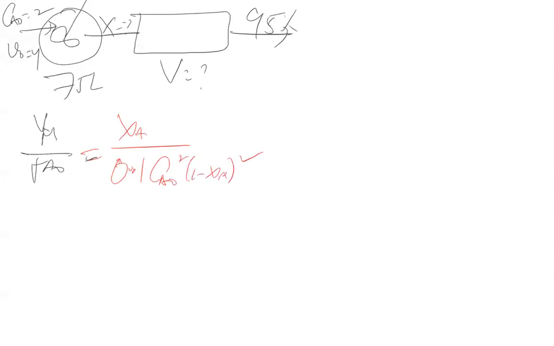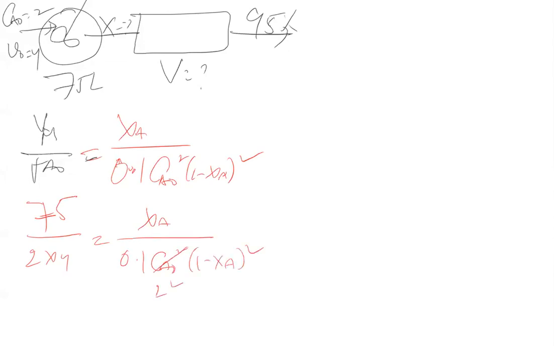Vm is 75, divided by Fa naught, which is 2 into 4, equal to XA divided by 0.1 CA naught square into 1 minus XA whole square. CA naught square is 2 square, so this 2 and 4 will cancel. If you solve this quadratic equation, you will get XA as 0.6.